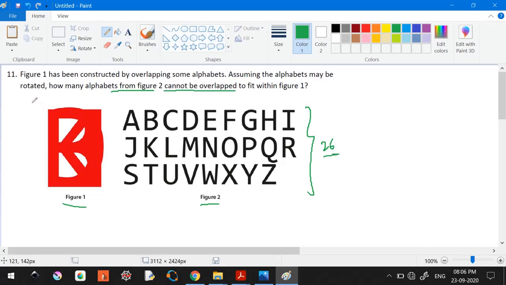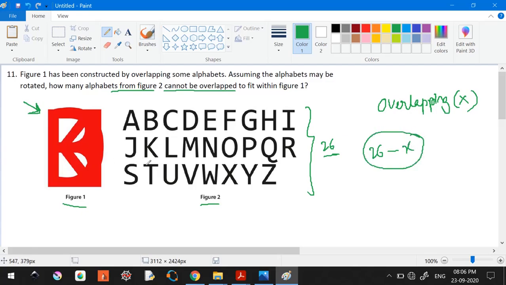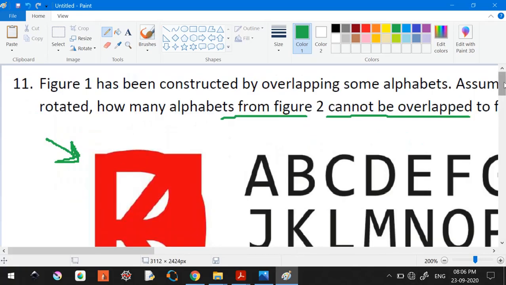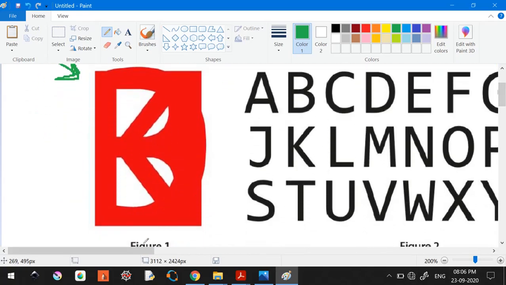Since this means there will not be a larger number, what I will do is find the overlapping alphabets, and out of 26 I will deduct these overlapping alphabets, so that I will get the non-overlapping ones instead of checking this. Okay, so I think that makes sense. So let's go check this.